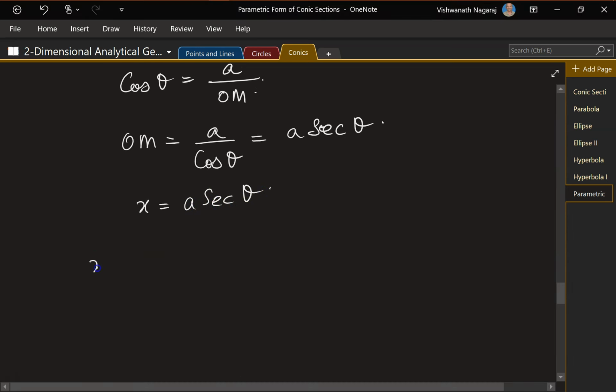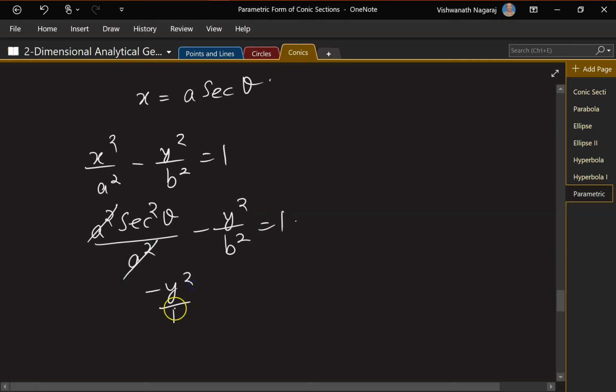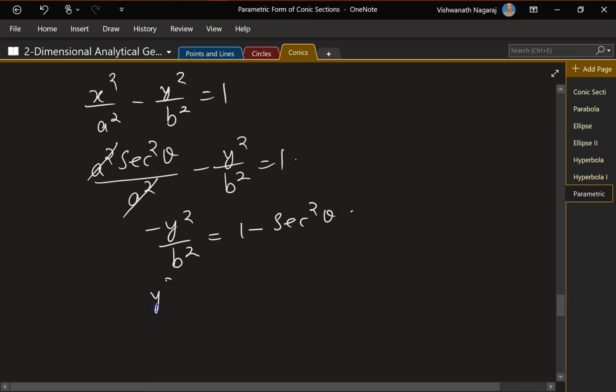So now let's substitute this in x square by a square minus y square by b square equal to 1. So a square sec square theta by a square minus y square by b square equal to 1. A square cancels, so minus y square by b square is equal to 1 minus sec square theta. Or we can remove that negative sign, multiply the whole thing by minus 1. So sec square theta minus 1 times b square.